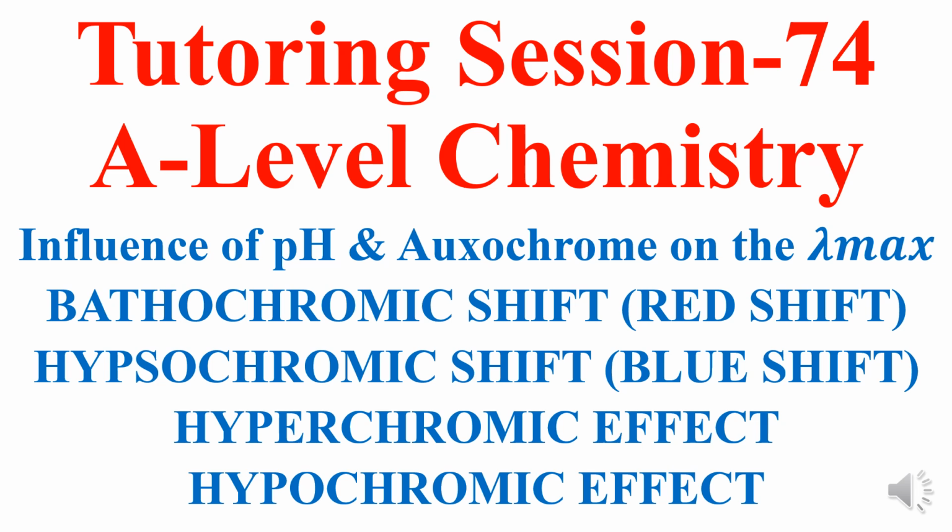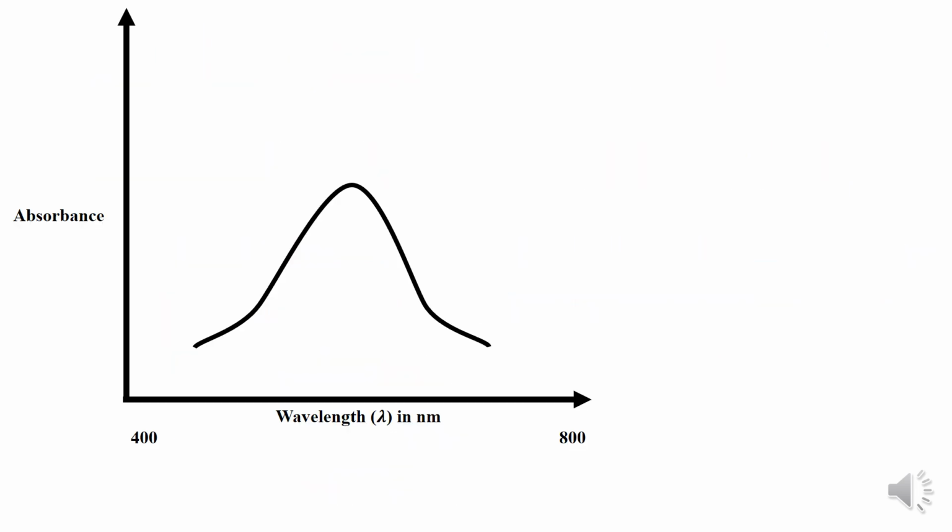Now, before I get on with the explanation, I'd like to give a brief overview about these 5 important parameters related to UV visible spectroscopy. Now, you'll be making use of the same absorption curve in order to understand the rest of the 4 parameters, that is bathochromic shift, hypsochromic shift, hyperchromic effect, and hypochromic effect.